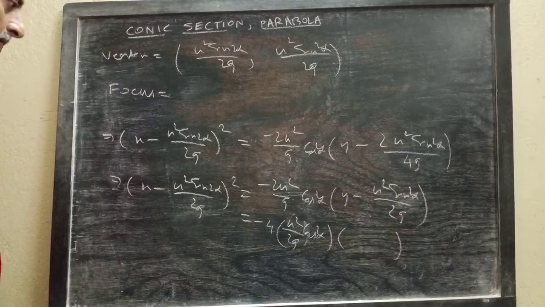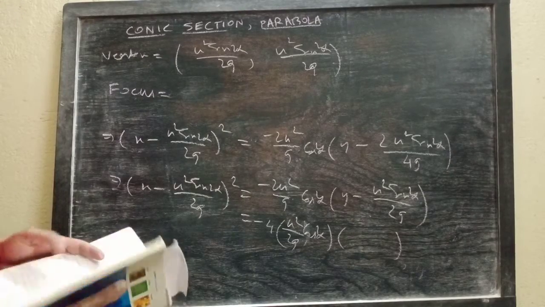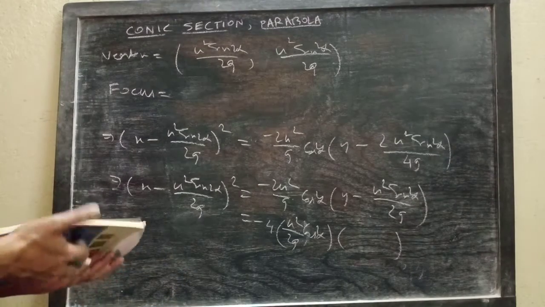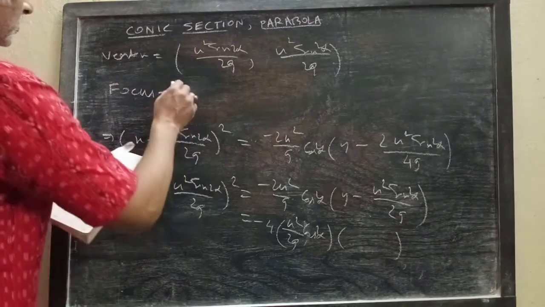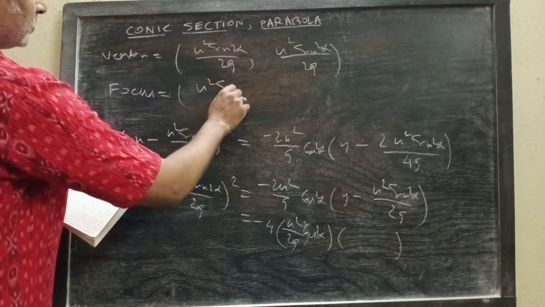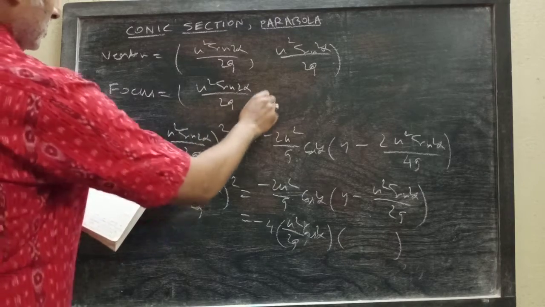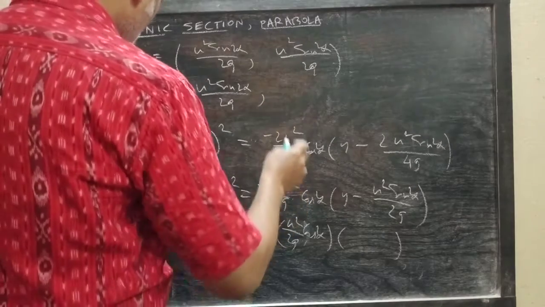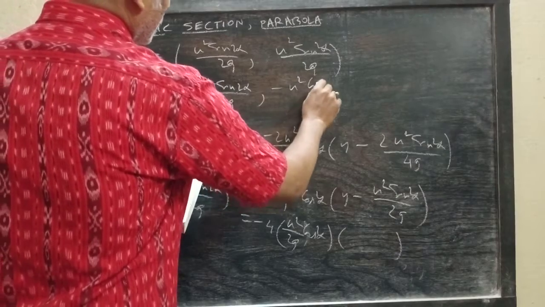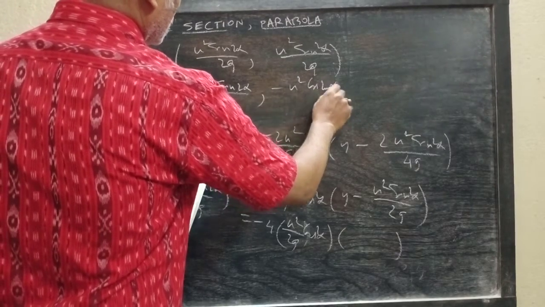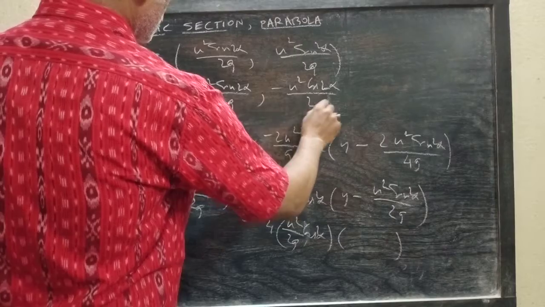This is a. So after calculation you will get the focus as u square sin 2 alpha by 2g comma minus u square cos 2 alpha by 2g.